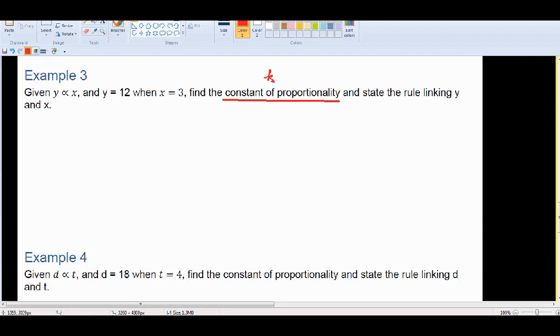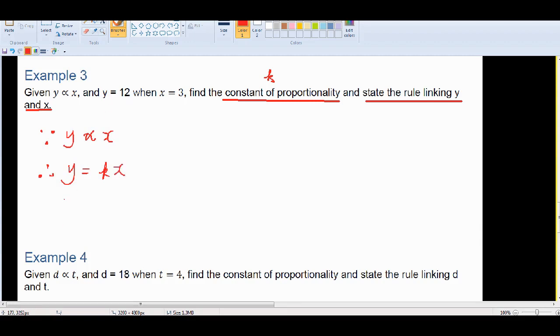The second part of it, state the rule linking y and x. So you need to find k and write the rule as y equals something times x. Given y directly proportional to x, to start with, you need to write y equals kx.